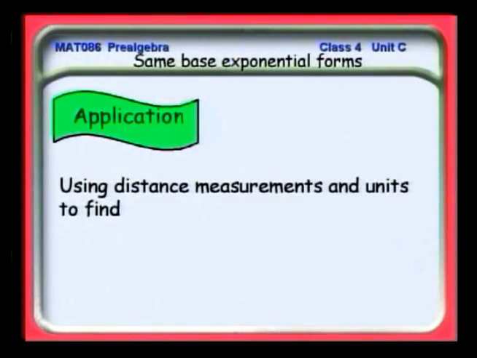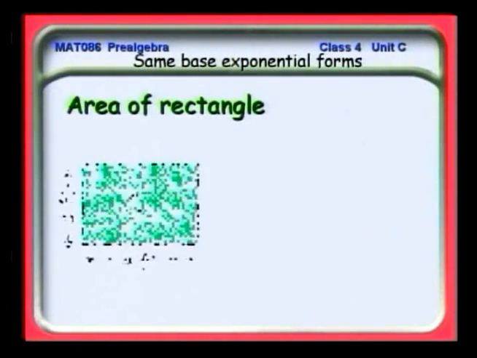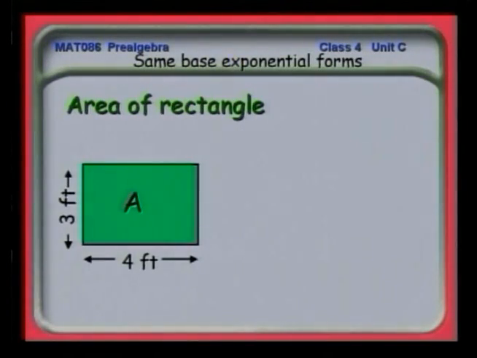Here's an application we can use, and it deals with distance measurements in units. And it's very useful in terms of areas or volumes or speeds or anything else. And it's this, that if you have units, you can treat the length or the width or any other variable with a unit.